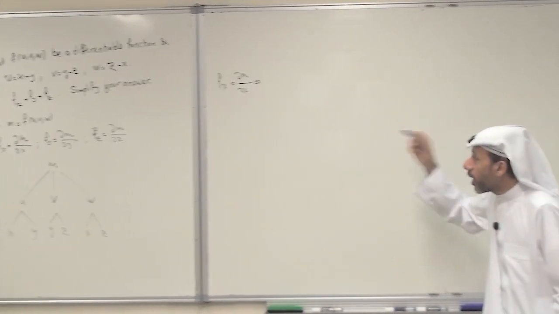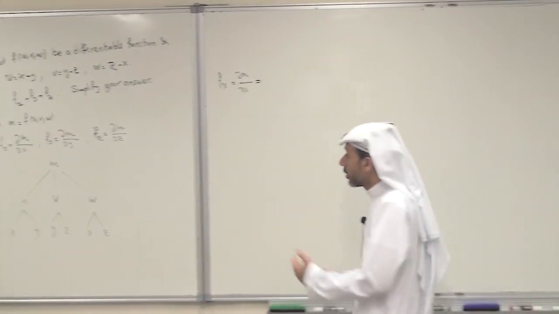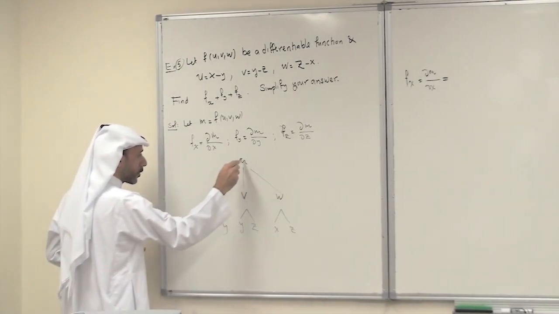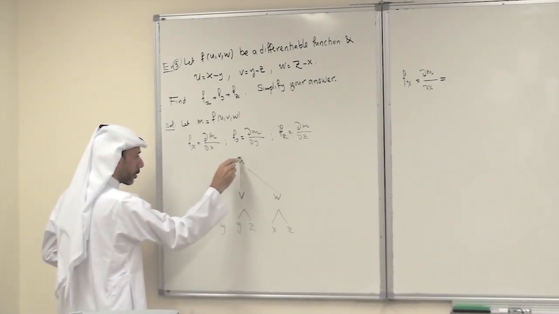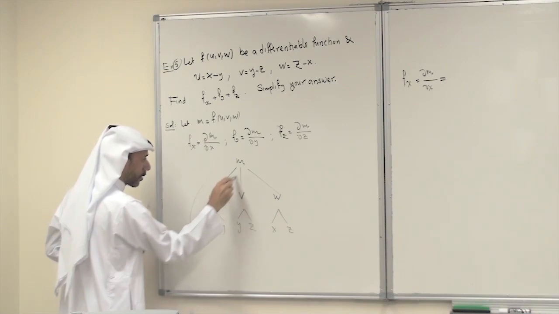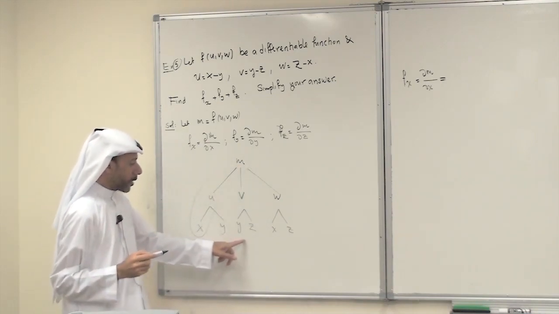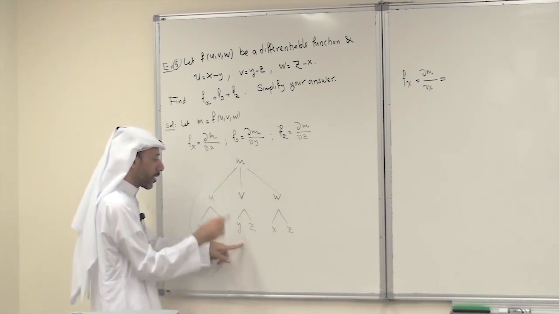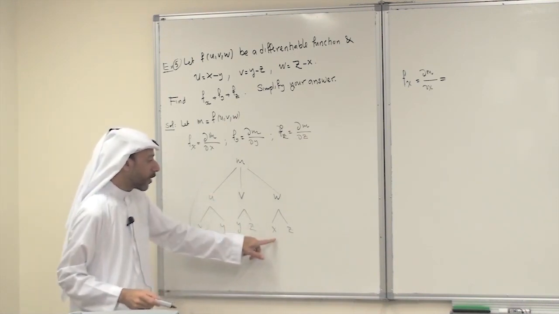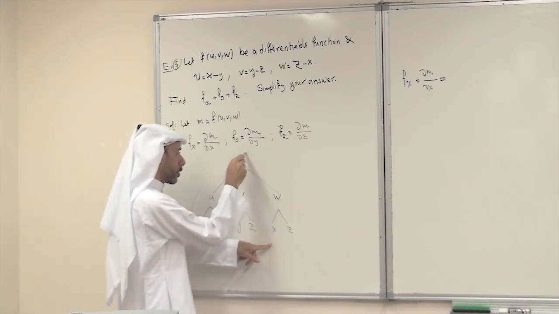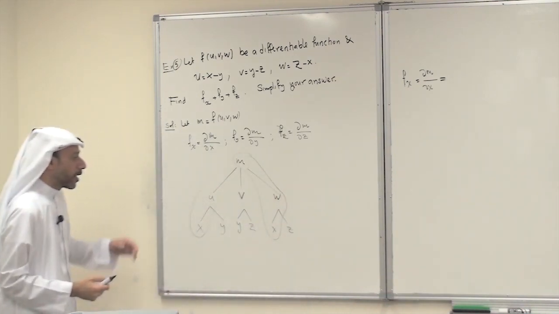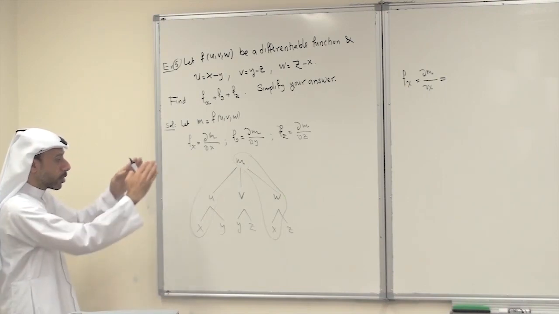Now I can go from m to x through how many paths? Through two paths. The first path, this is the first path, m and x. There is no x after v, so I cannot find partial m, partial x through v. I have x through w, so this is the second path. So I have the derivative with respect to x through these two paths.